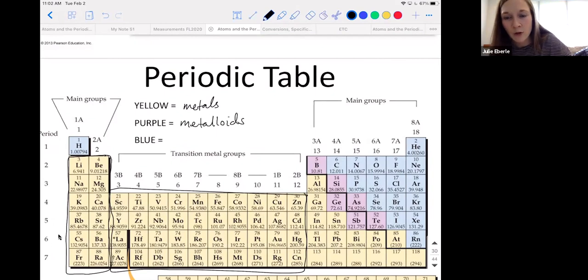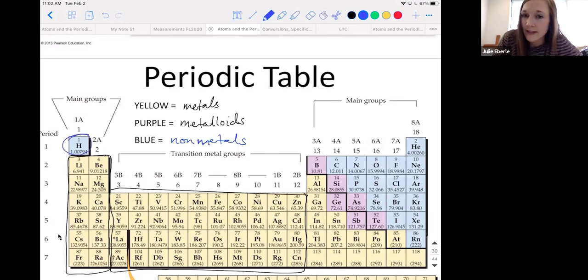So they behave more like non-metals, they look more like metals. That's metalloids. And then blue, guess what? These are non-metals. So these things at room temperature are gases or liquids or solids that are not metals. Notice hydrogen's kind of an anomaly because it's really over here on the left side of the periodic table where the metals are, but it's a non-metal. So just keep that in mind.